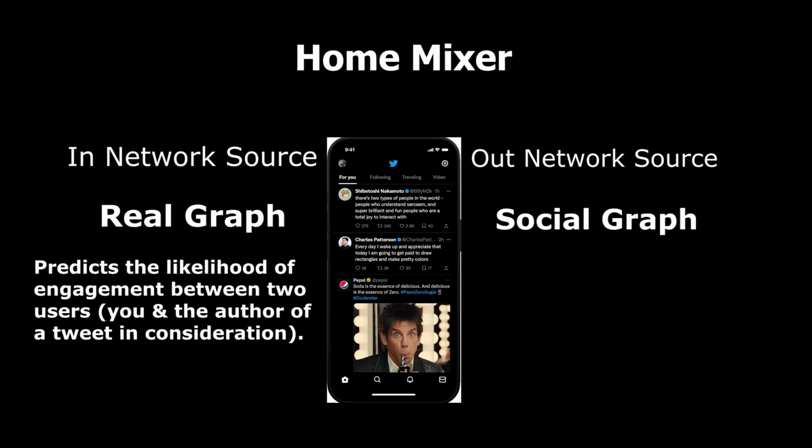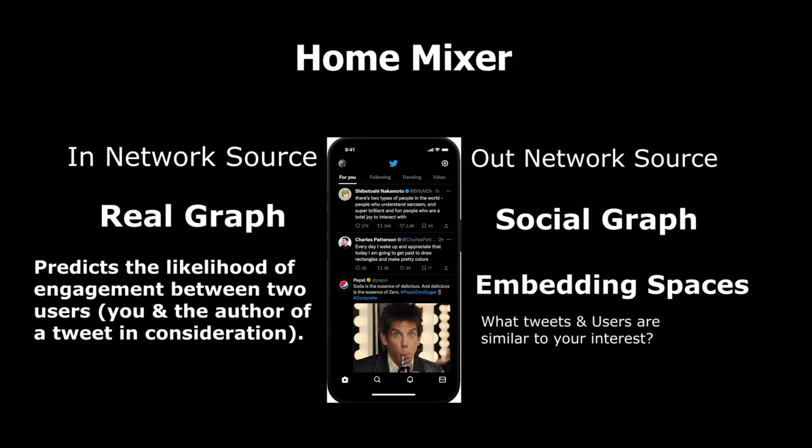The second approach Twitter used to solve this out-network problem is by using embedding spaces. The question embedding spaces tries to answer is a little bit more broad and general. So it is, what tweets and users have similar interests to you, right? What tweets and users are similar to your interests?